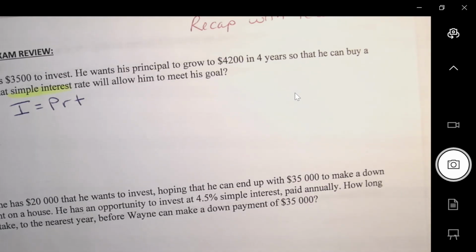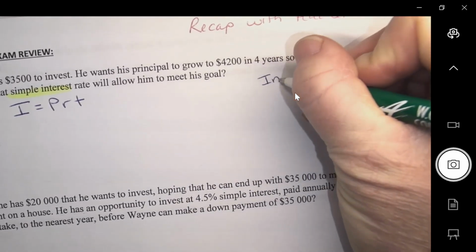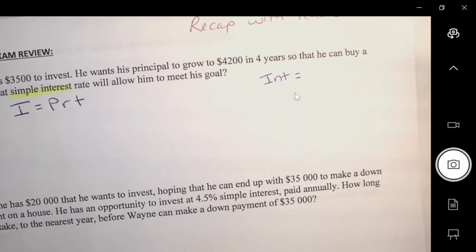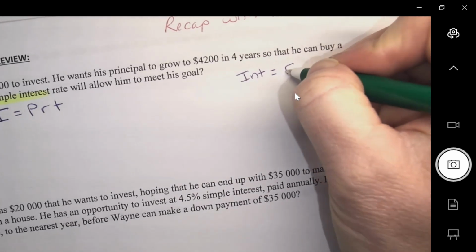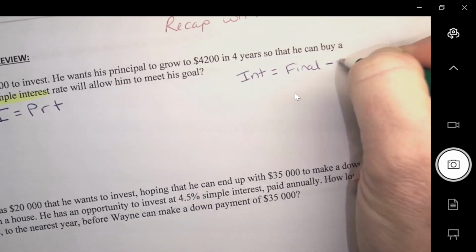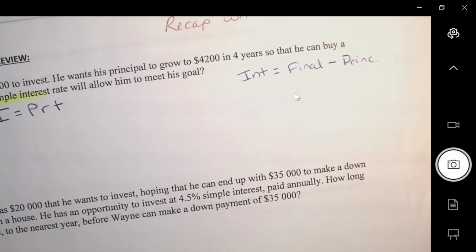Okay. When you work with interest, you have 3 components, and I would write this on my cheat sheet. If you ever want to find interest, then interest is your final minus your principal, right?